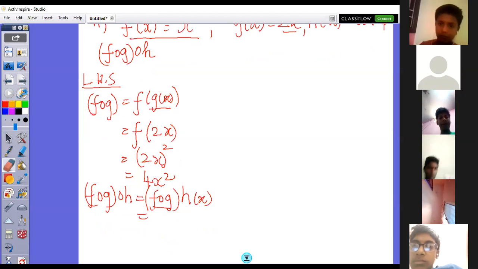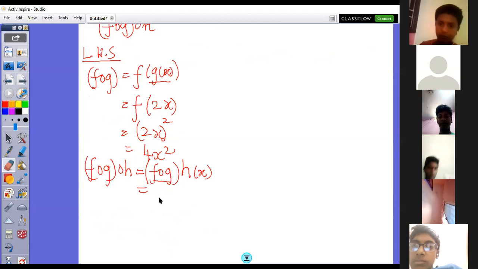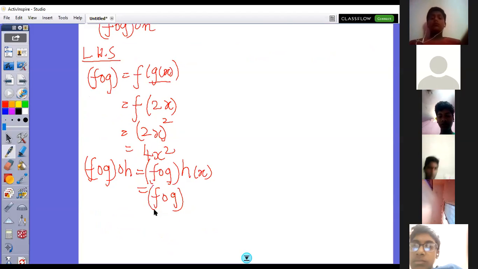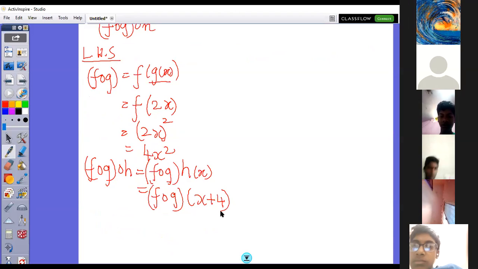Next, F composite of G into H of X value, where H of X value is x plus 4. To find the F composite of G value, let us substitute x value 4x square.